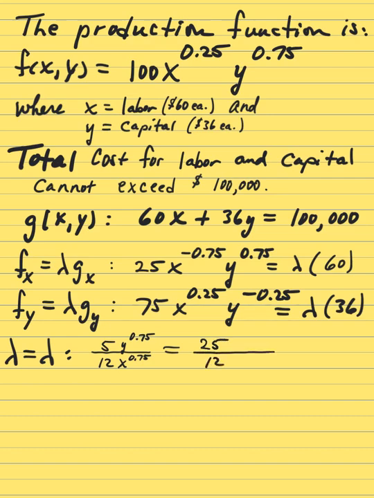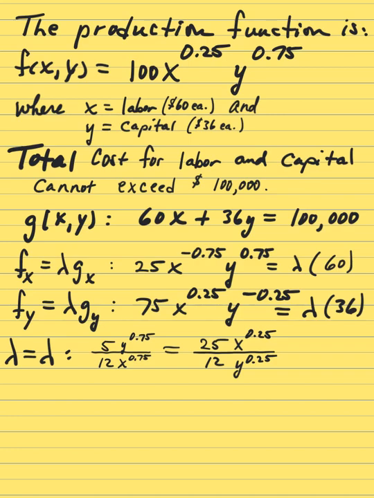Okay. The x is to a positive 0.25. I'm going to leave it on top. The y is to a negative 0.25. I'm going to move it to the bottom, and that way the power will become positive. Because if you ever need to switch the sign of an exponent, you just move it across the fraction bar.